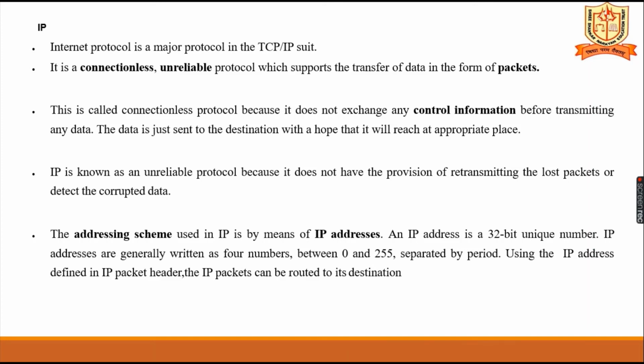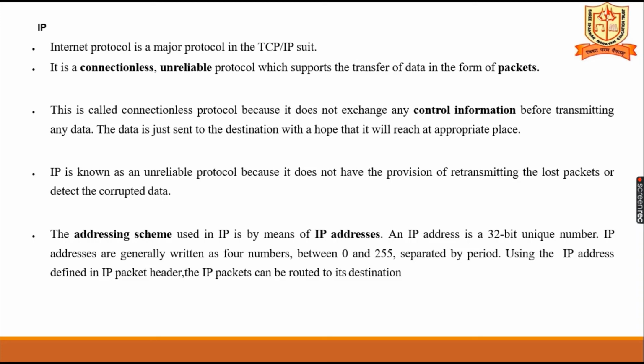The data is just sent to the destination with the hope that it will reach the appropriate place. IP is known as an unreliable protocol because it does not have the provision of retransmitting lost packets or detecting corrupted data. The addressing scheme used in IP is by means of IP addresses.